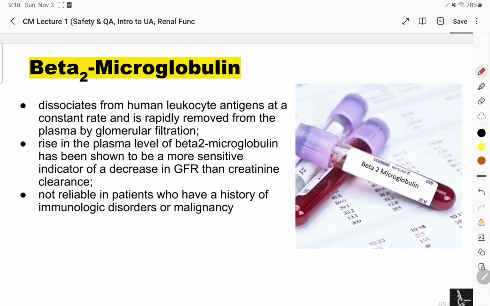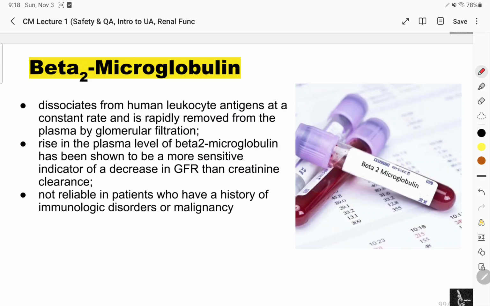Okay? So it is more sensitive. Its rise in the plasma is a sensitive indicator. It rises earlier, it goes up quickly if ever there is a decrease in GFR compared to creatinine clearance.